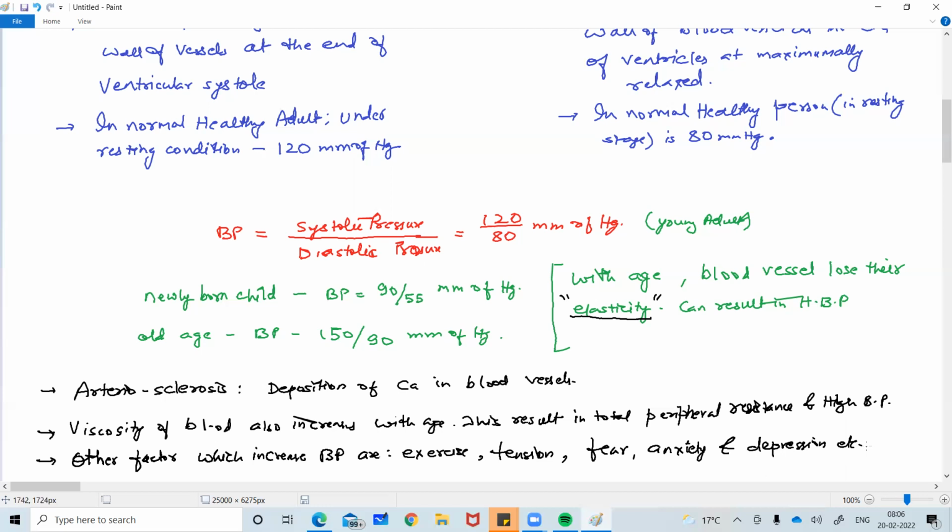So these are a few factors controlling the blood pressure. Any doubt? I guess this is enough.